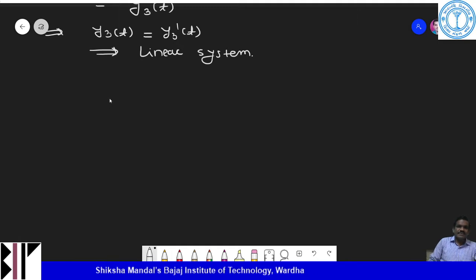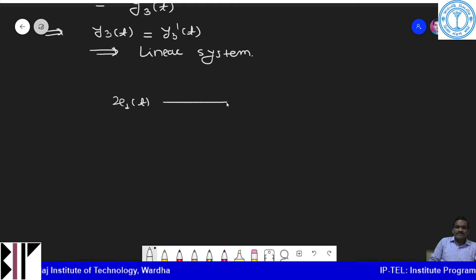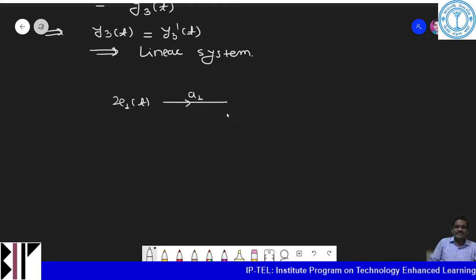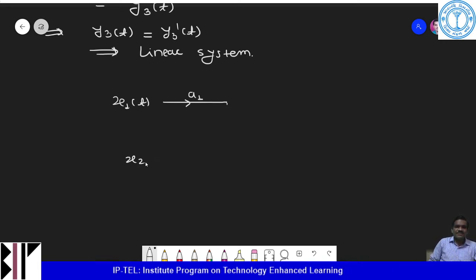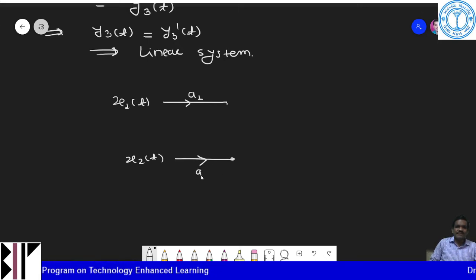For example, we have x1 of t, and we multiply it by a1, which is your arbitrary constant. Then we have another signal, x2 of t, which is again multiplied by a2. This arrow represents the multiplication.